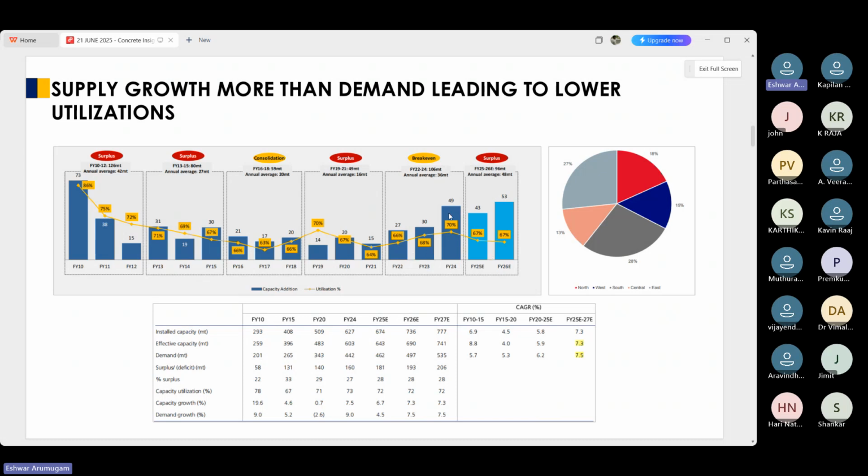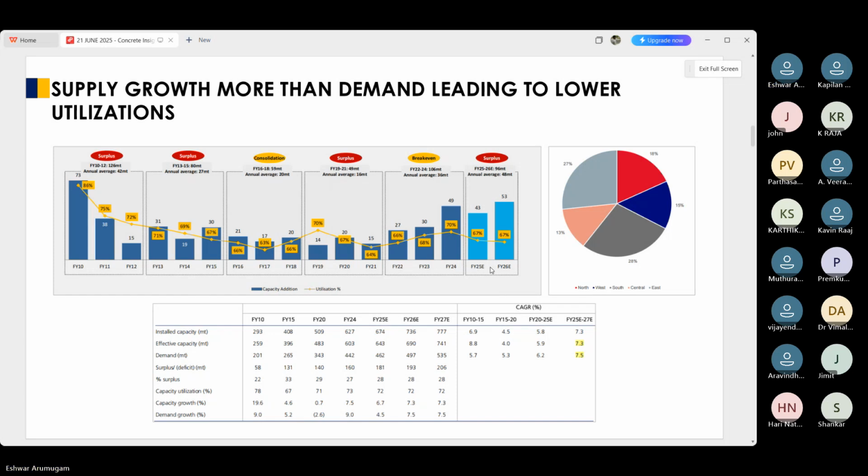It ranges between 67 to 70%, which is pretty low. And the maximum capacity has been added in the South and the East Indian markets, which is about 28% and 27% of the total capacity additions, respectively. So this has led to lower capacity utilizations in the industry.